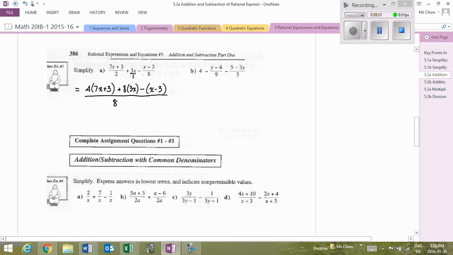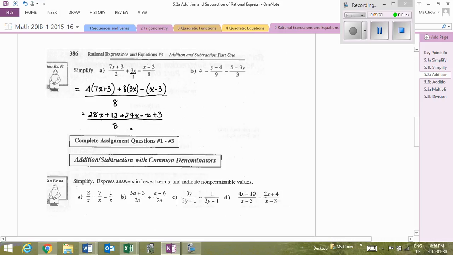So even though I'm not multiplying it by another coefficient in order to make that common denominator, because 8 is already the denominator, I do have to distribute that negative 1 in. So then we're looking at 28x plus 12 plus 24x minus x plus 3 all over 8.